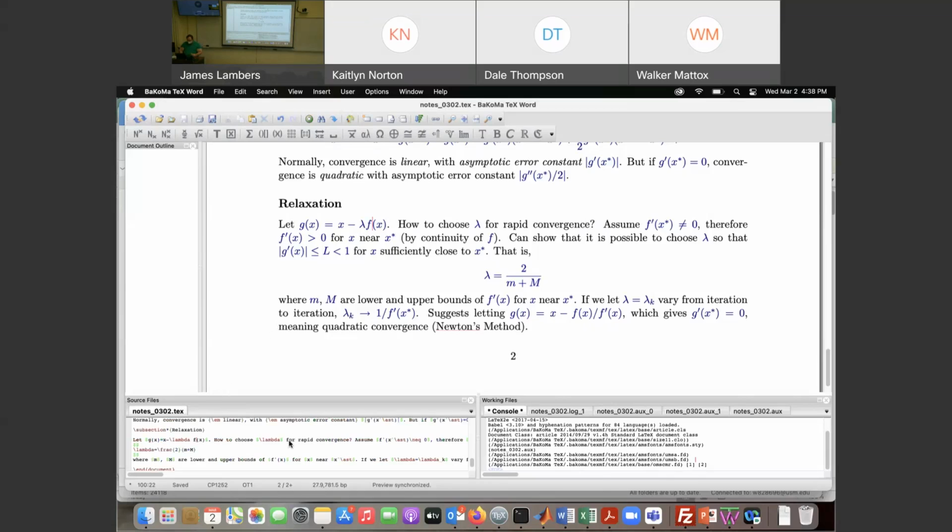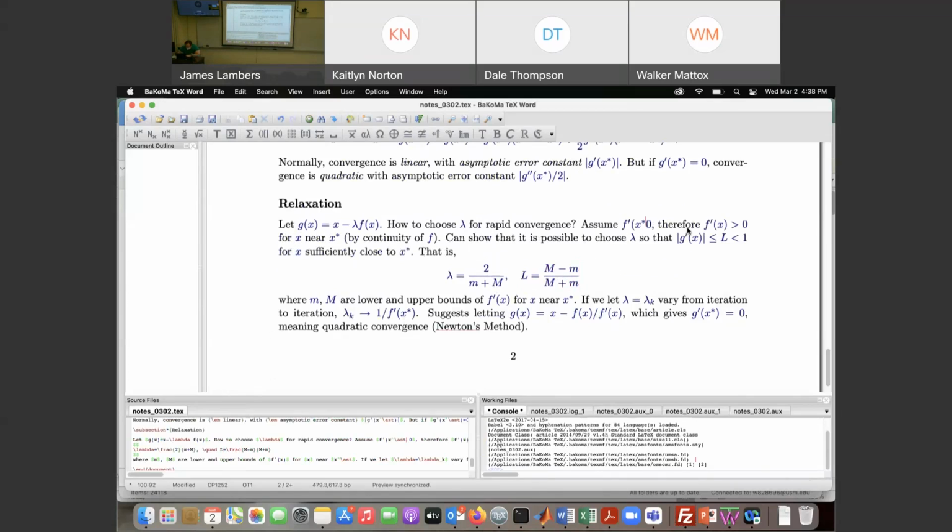Actually, I can also remember what the constant L turns out to be. Without loss of generality, I'll assume the derivative for this discussion is positive.